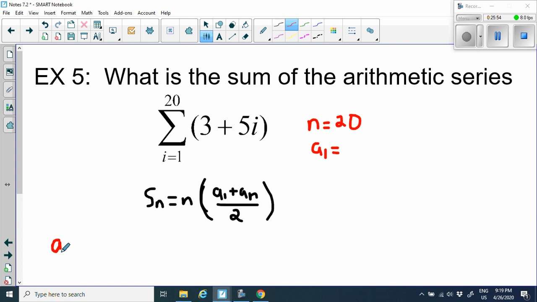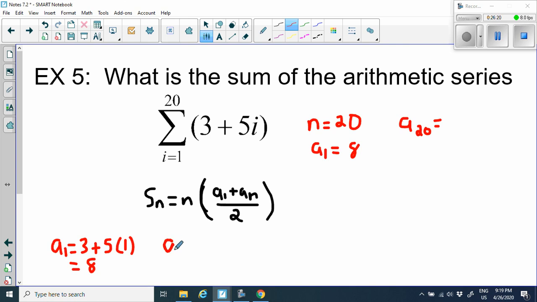So a sub 1 is going to be 3 plus 5i, or 5 times 1. And that's going to equal 8. So our first term is 8. And then our a sub n, which is our last term, in this case is going to be 20. So a sub 20 is going to be our last term.